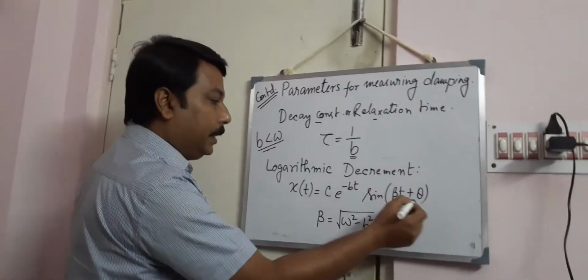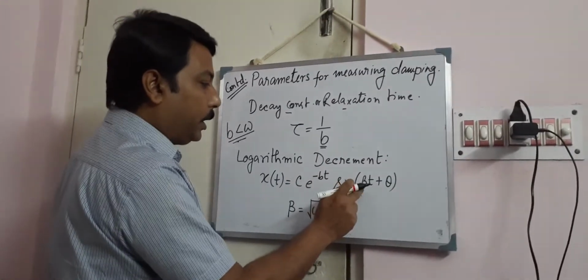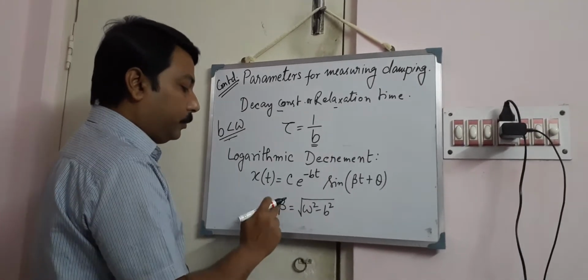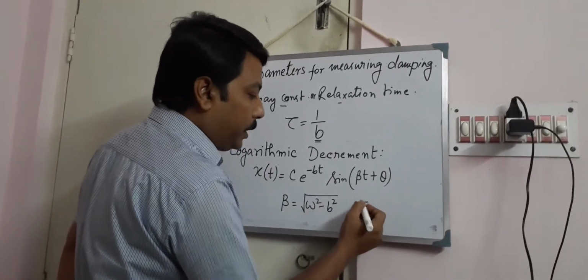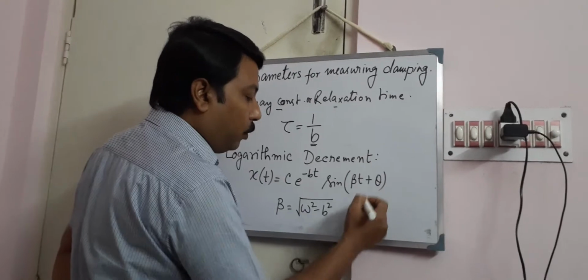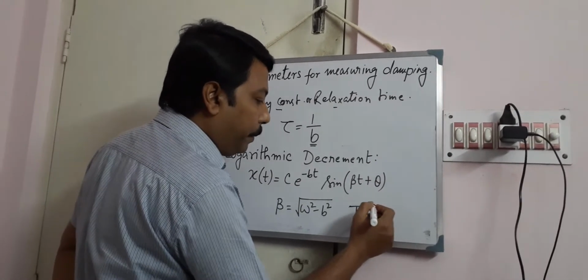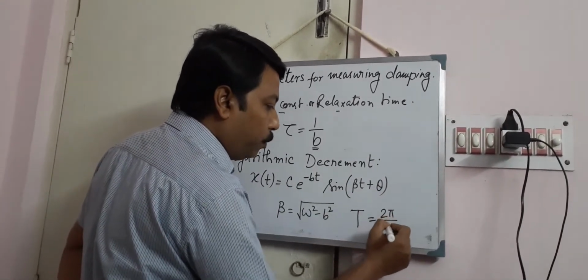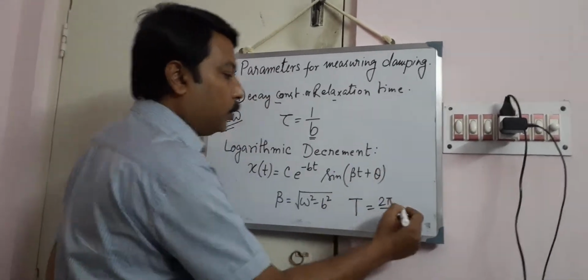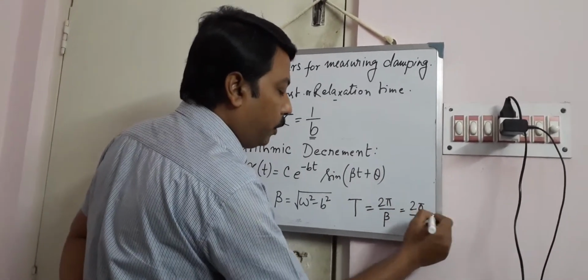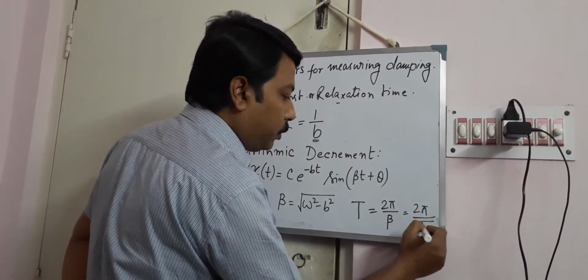So beta in this case, for this weakly damped oscillator, is the angular frequency, and hence we know that the time period is written by 2 pi by beta, so that will be 2 pi over root of omega square minus b square.